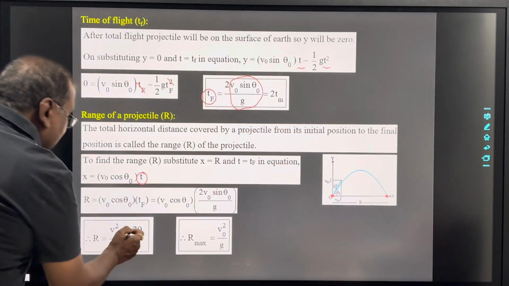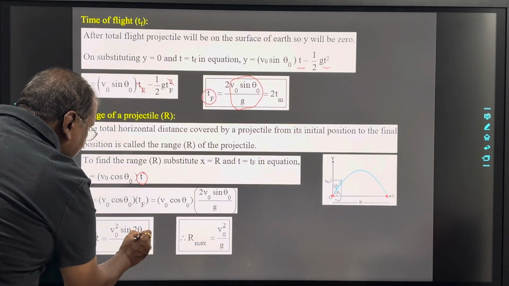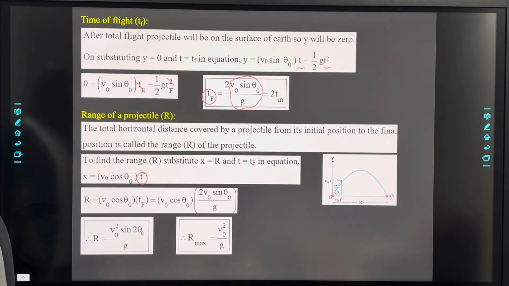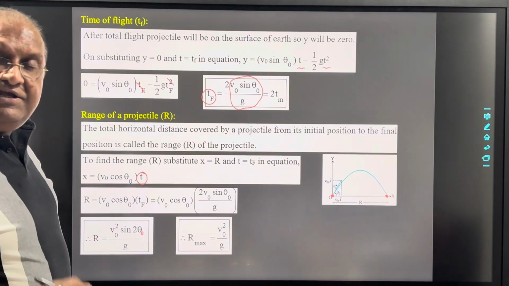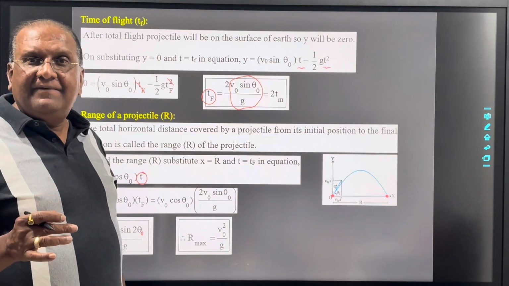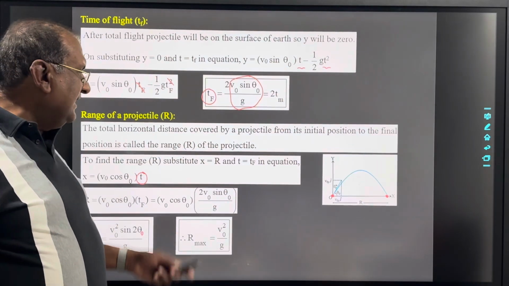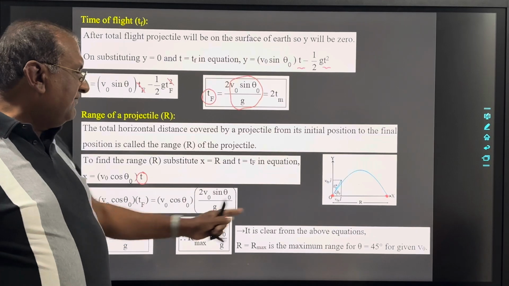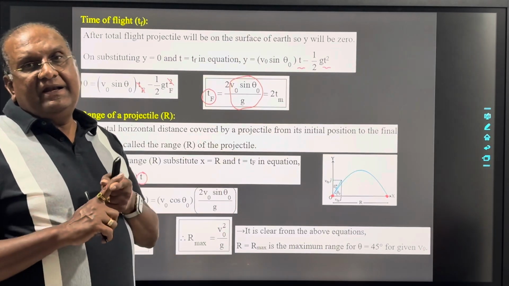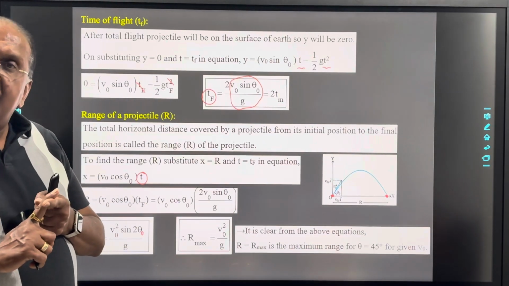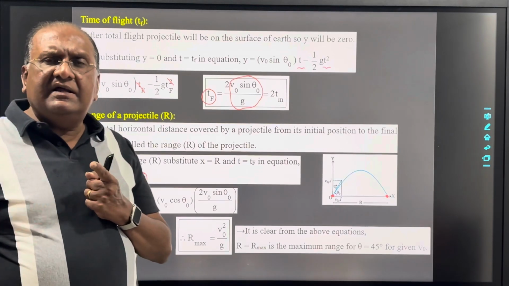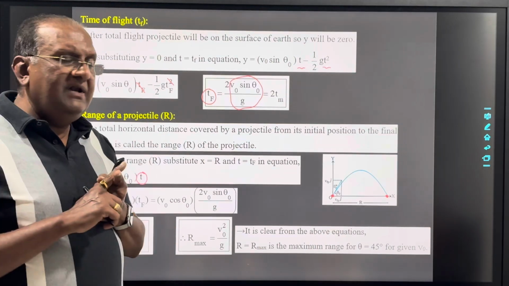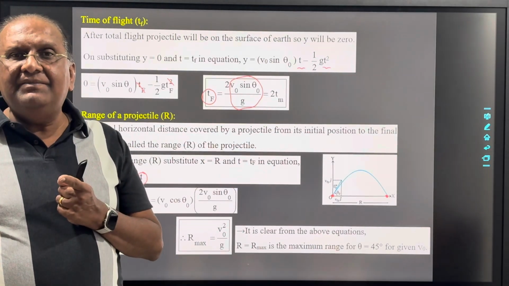It implies that for any object with a given initial velocity, if it is projected at an angle of 45 degrees, then you will get the maximum range. For any other angle of projection, you will never get the maximum range.